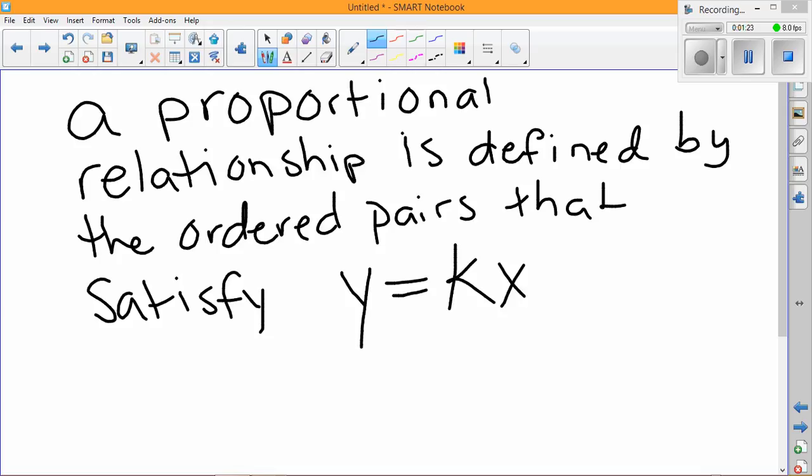So we talked about the constant of proportionality, and if two values are proportional, they will fit this equation.